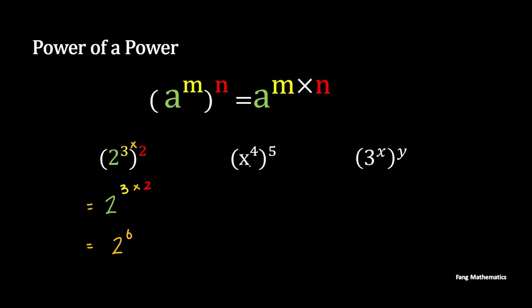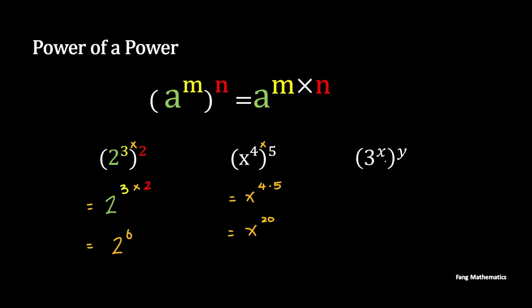Moving on, x to the power 4, parentheses to the power of 5, power of a power inside the parentheses. So multiply x to the power 4 times by 5, and 4 times 5 should give you 20. So x to the power of 20.